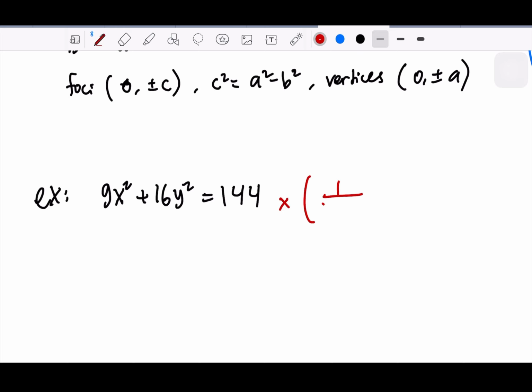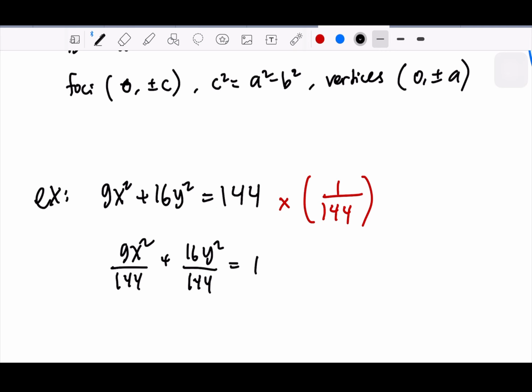Let's multiply all by 1/144. Then this will be 9x squared. Let me just write first. And this equals 1. So this will have x squared over 16 plus y squared over 9 equals 1.